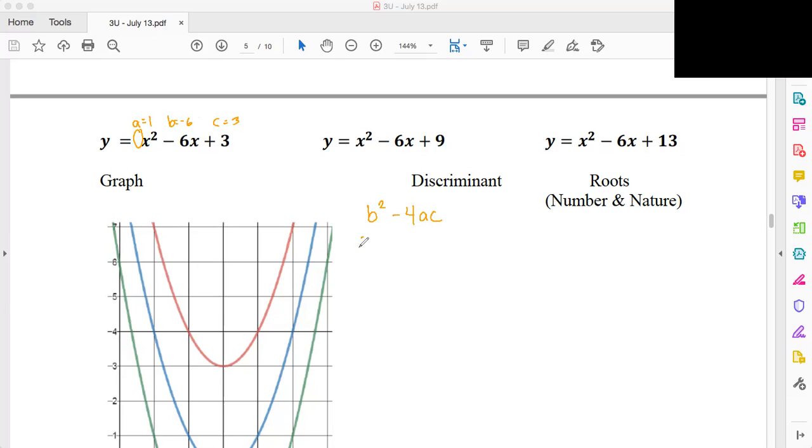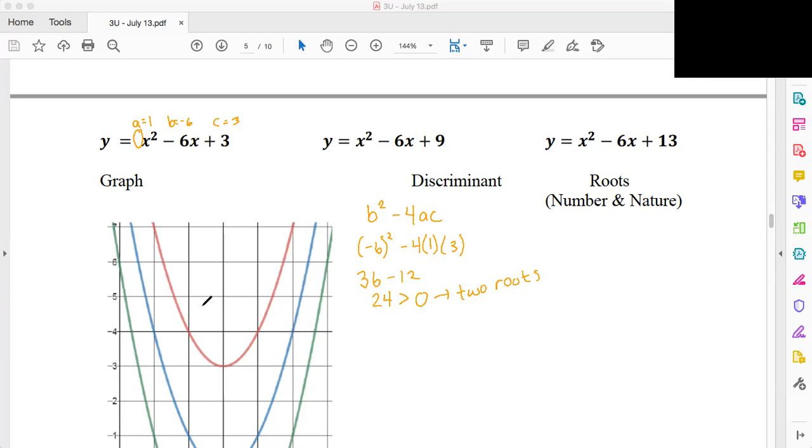Our b is -6 squared, minus 4, our a is 1, our c is 3. So -6 squared is just 36. 4 times 1 times 3 is 12. So this will give us 24, which means that this is larger than 0. So that means that there's 2 roots. And that's all you've got to do.